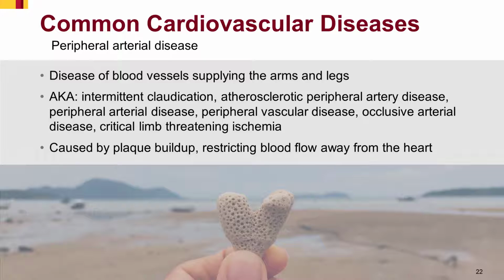So you may feel cold to the touch in the hands and feet, a decrease in hair to those areas, a decrease in hair in the legs where someone used to have a lot, visual signs of poor perfusion, like a blue or gray or purple kind of tint to the skin, or distal toes and fingers. This can be caused by plaque buildup that restricts blood flow away from the heart.